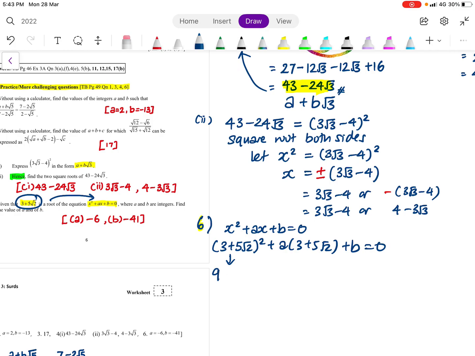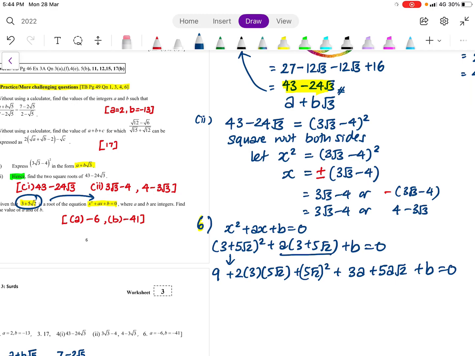3 squared is 9 plus, I use the formula, 2 times 3 times 5 root 2. I'll use the quadratic identity. Then plus 5 root 2 squared, plus this, I will expand: 3a plus 5a root 2, sorry, 5a root 2, plus b equals 0.